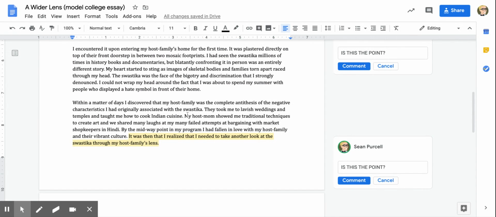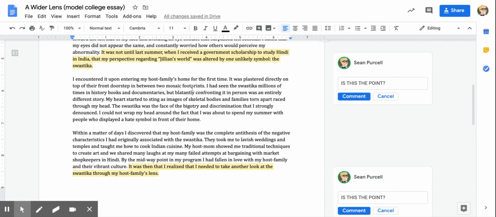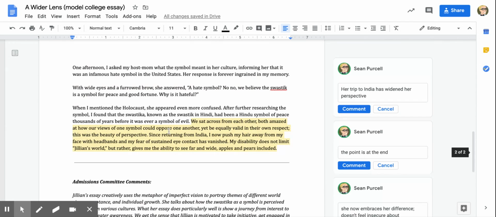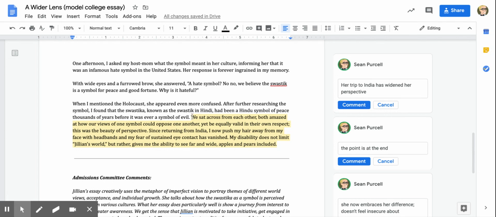and couldn't really understand because she was only looking through her own cultural lens, to who she is now, right? Now she is able to see that other cultures have different perspectives, and she also has changed her own perspective on herself. So it's a story of growth, right? From one way of thinking to a new way of thinking.